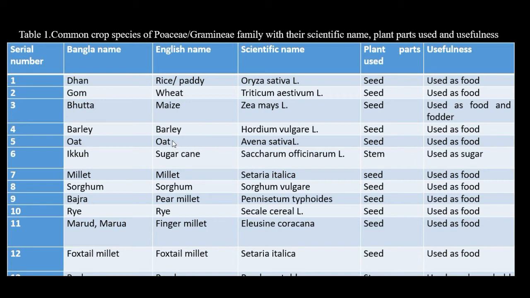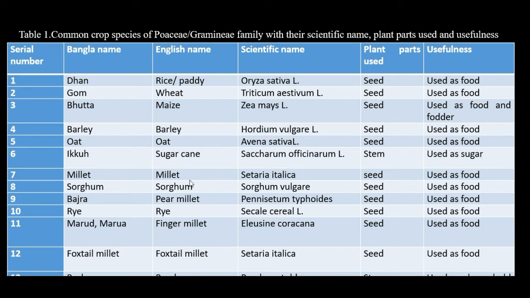Another is oat, Bangla is also oat, scientific name Avena sativa, seed used as food. Sugarcane, in Bangla it is ikhu or aakh, scientific name Saccharum officinarum, plant part used is the stem, used for the production of sugar.